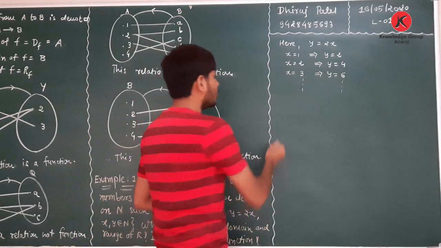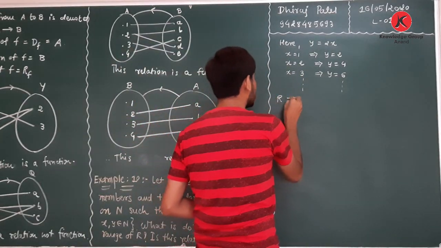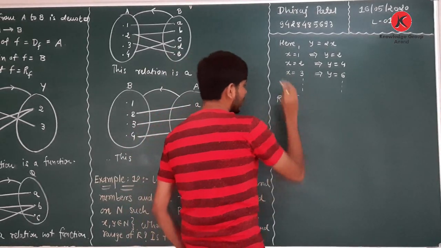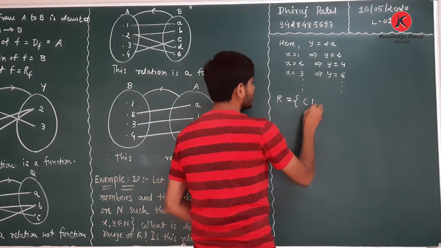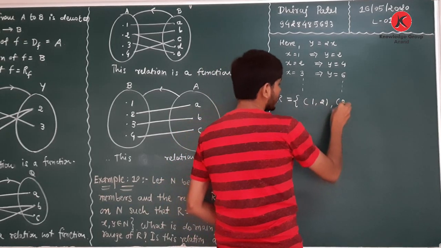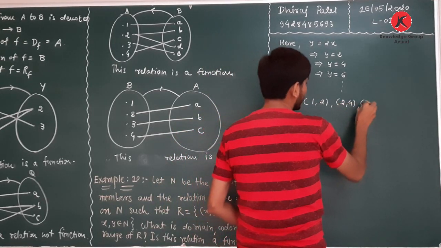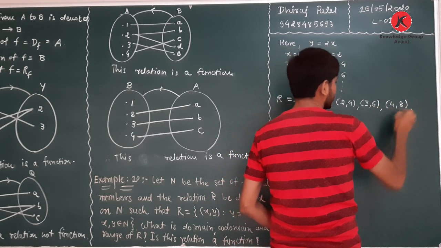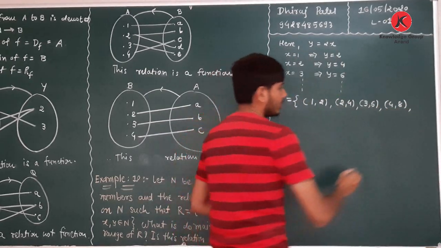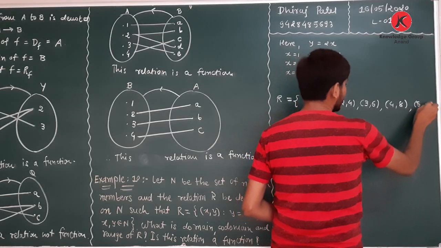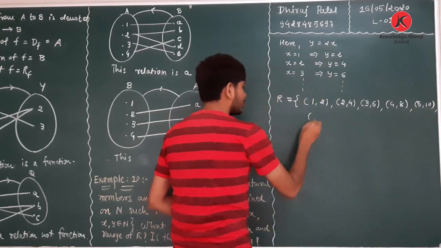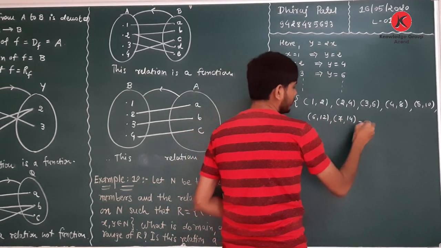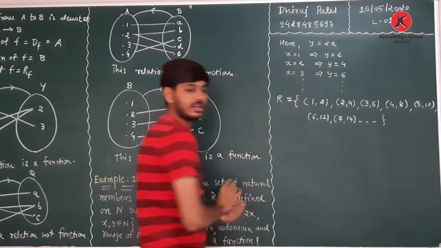Okay, therefore the relation R is defined as R equals to order pairs like (1, 2), next one (2, 4), next one (3, 6), next one (4, 8), next one (5, 10), next (6, 12), (7, 14), up to infinite order pairs are there.